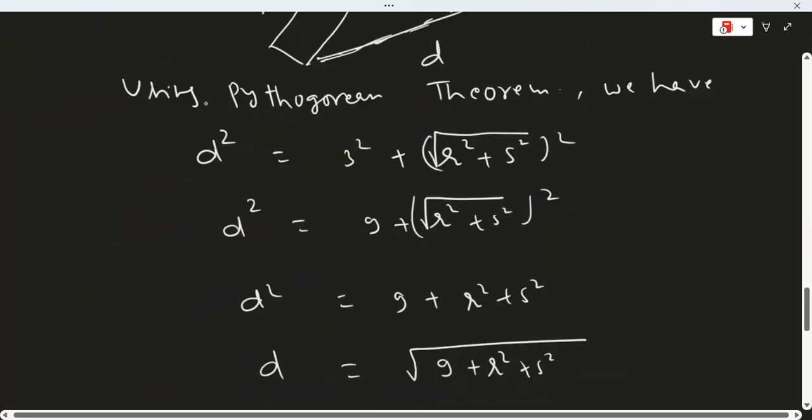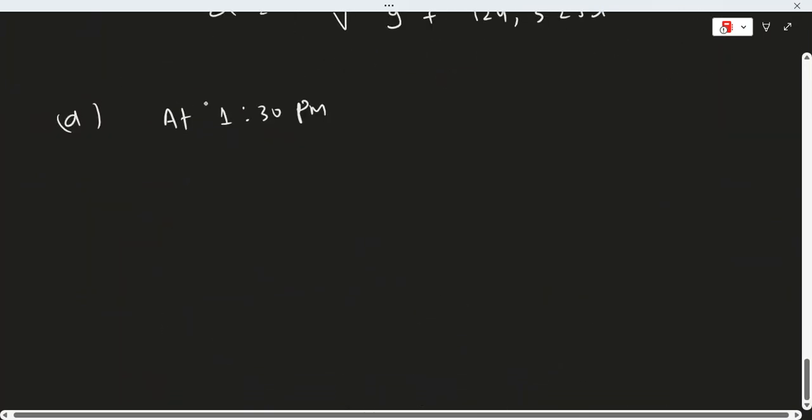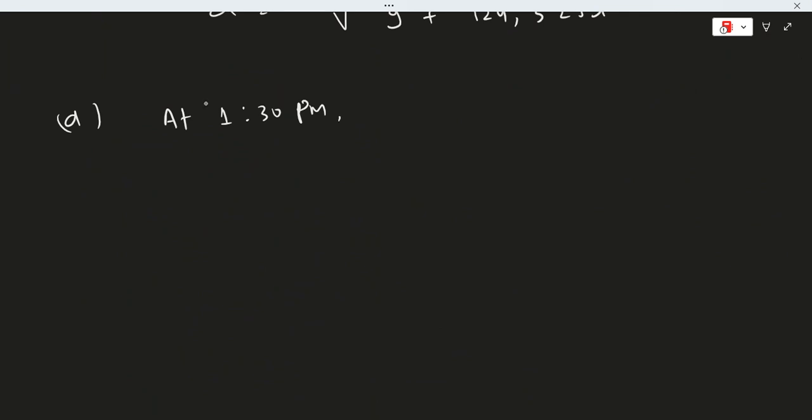So at noon, t equals 0. So at 1:30 p.m., t equals 1.5 hours.